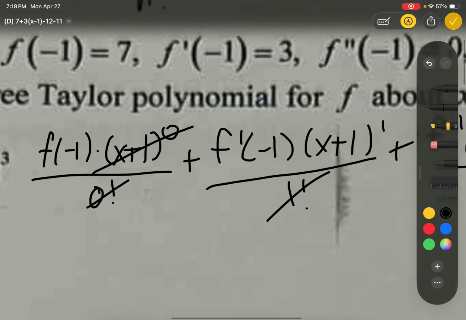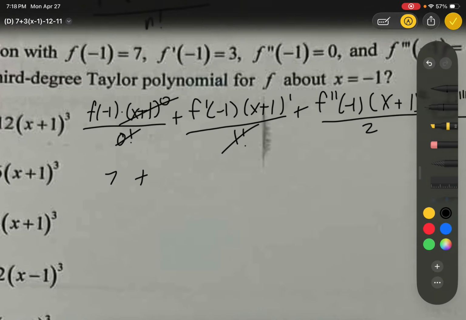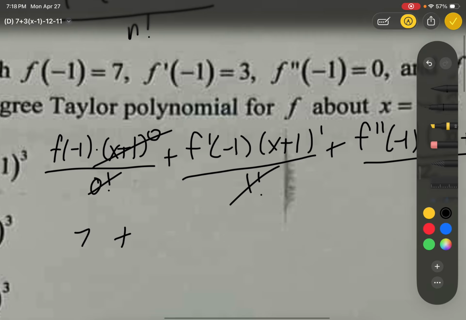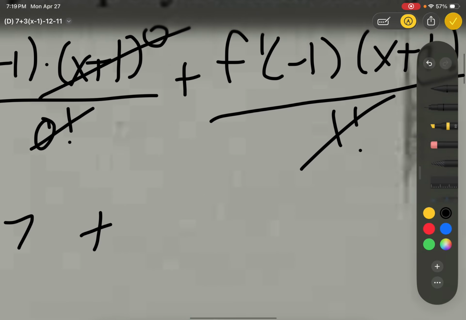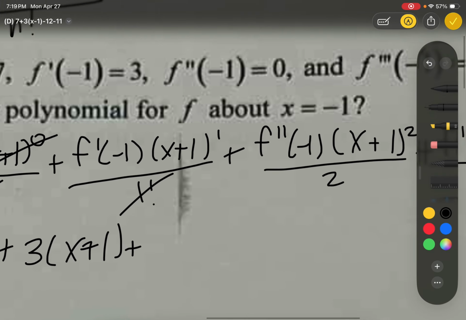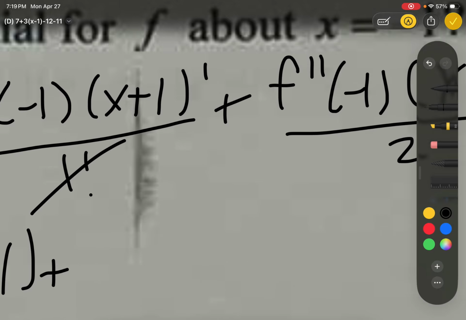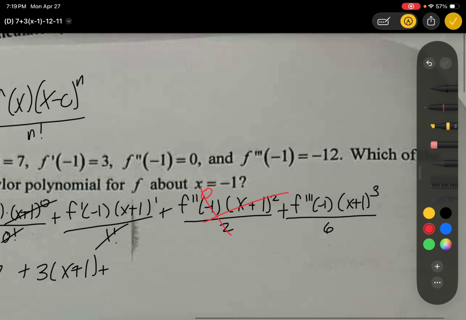Now let's plug everything in together. You can already do a plug and chug. f of -1, f prime of -1 is going to be 3 times x plus 1, plus f double prime of -1 is going to be 0, so that's not going to do anything.